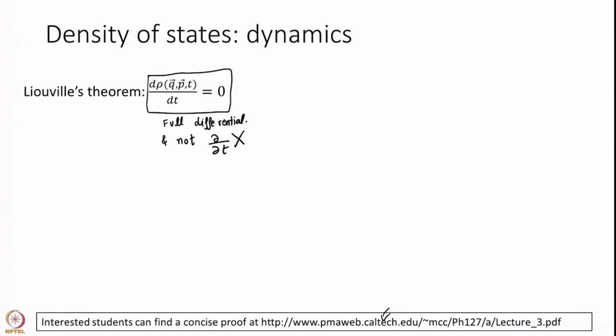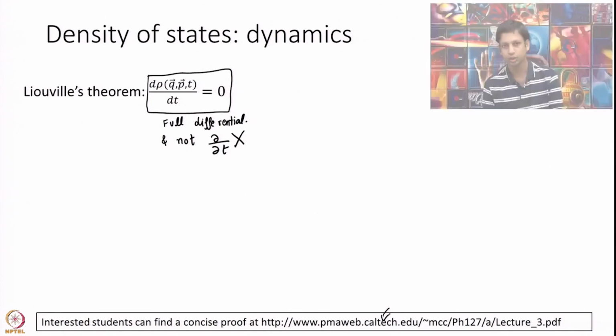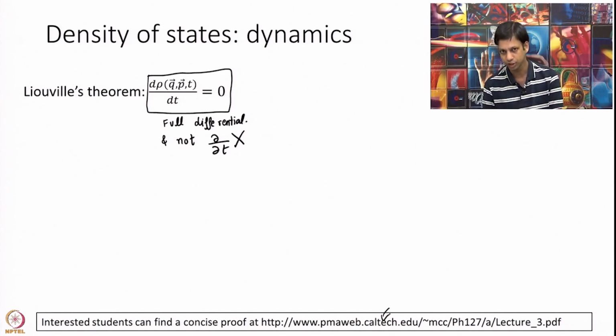This is one of the rather concise proofs. There can be more complex proofs coming from divergence theorems that you can also look at, but this one gives a proof in rather simple language. If you are interested you can look at this proof, you do not have to.